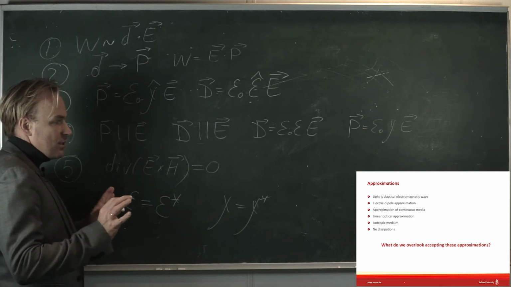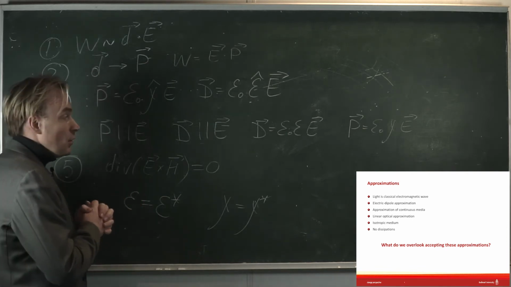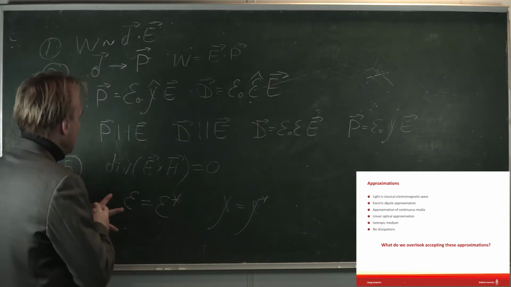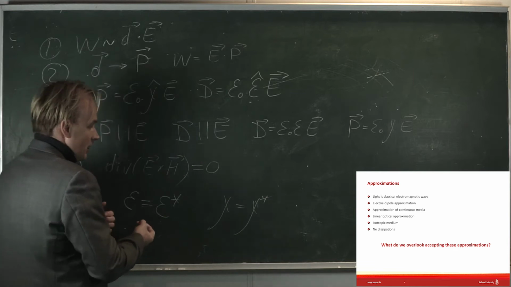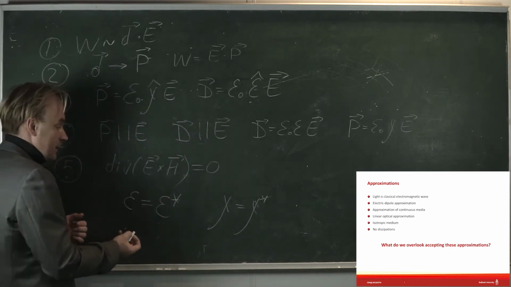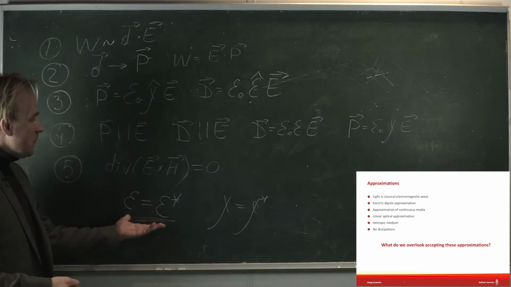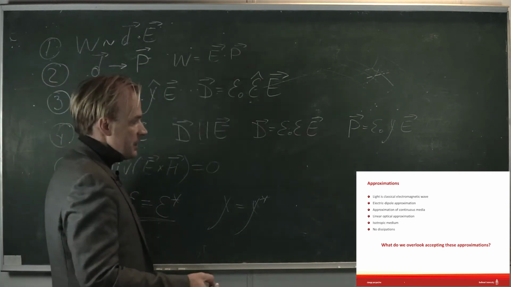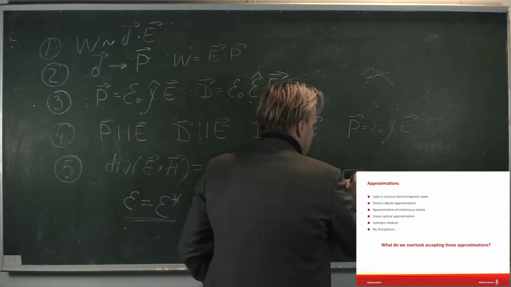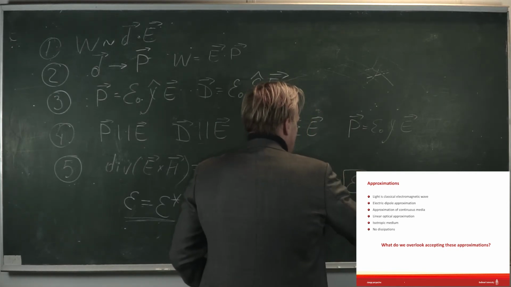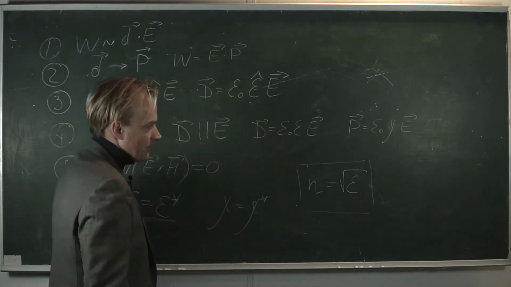So these approximations we took and we showed we can get a very simple, intuitive model of light-matter interaction, which describes the optical properties just with the help of a single parameter. So in most cases we will use epsilon. Why? Because epsilon very nicely relates to the refraction coefficient, something that we can measure experimentally, measuring the speed of light in a medium.